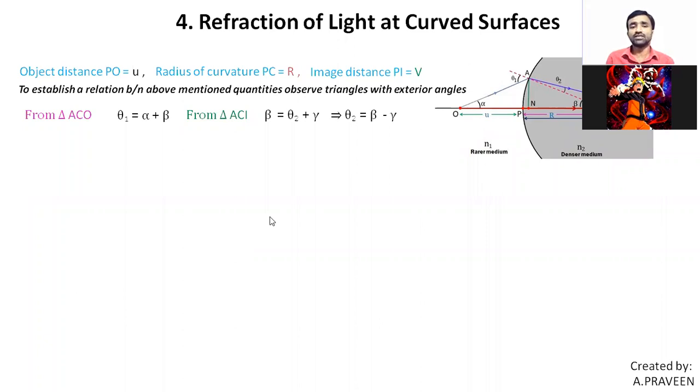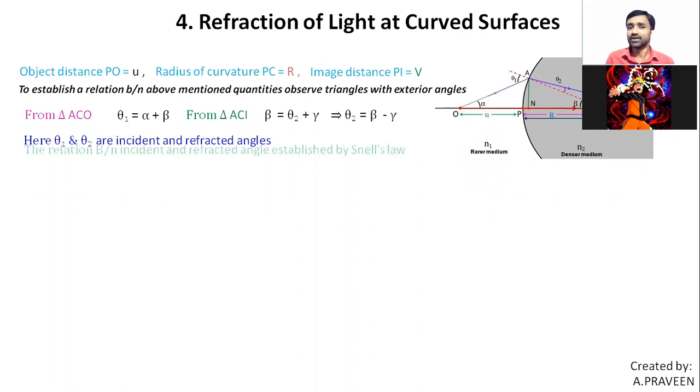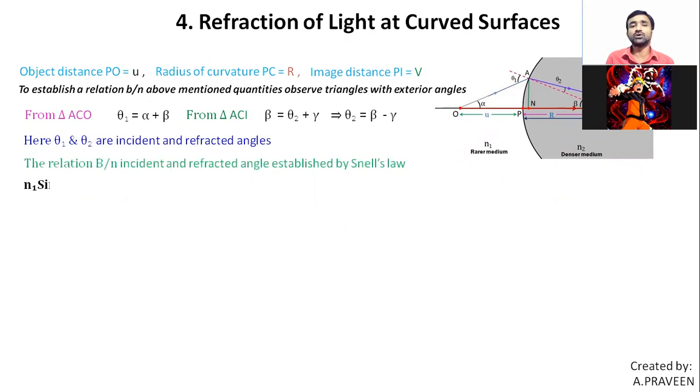Snell's law is n1 sin I equal to n2 sin R. Here I is theta 1 and R is theta 2, with respect to our diagram. Clear? That's why I have written Snell's law as n1 sin theta 1 is equal to n2 sin theta 2.